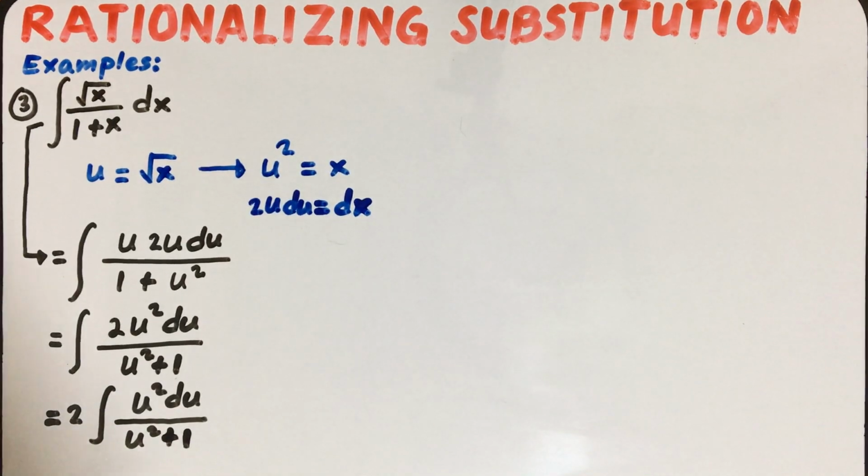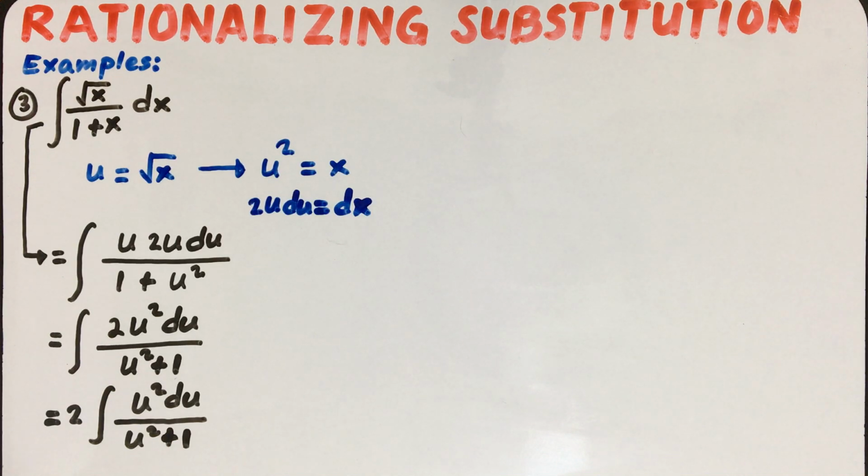Okay, so if you look at the resulting integral function, this is already a rational one. Alright, so we're able to eliminate the radical or the fractional exponent, so this turned into a rational fraction.